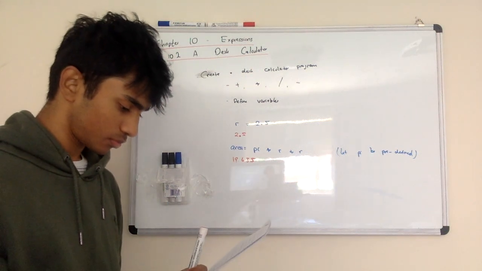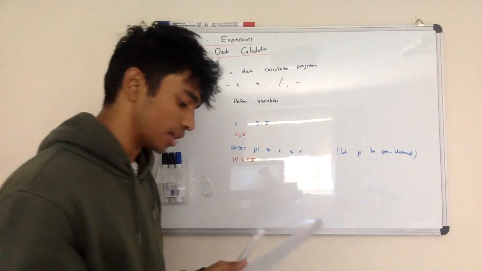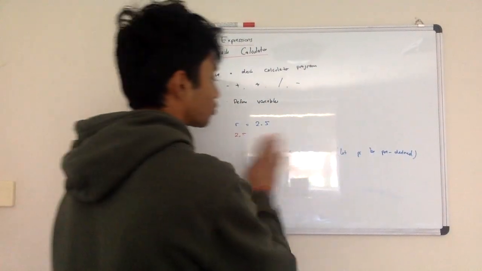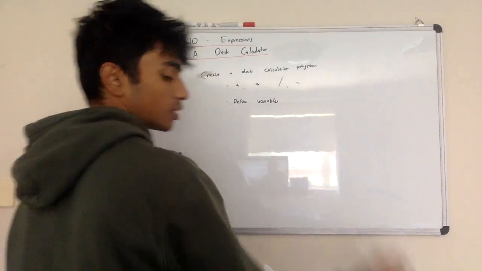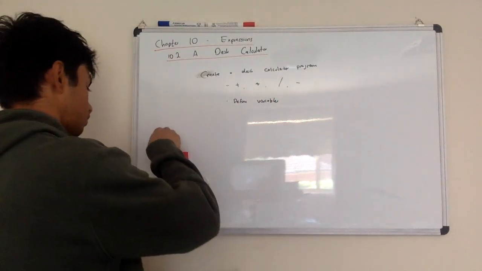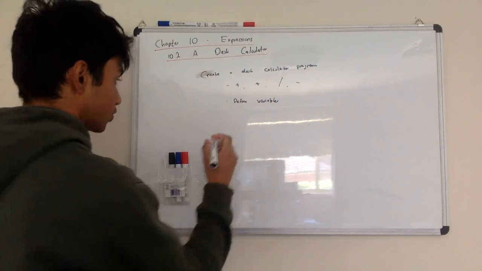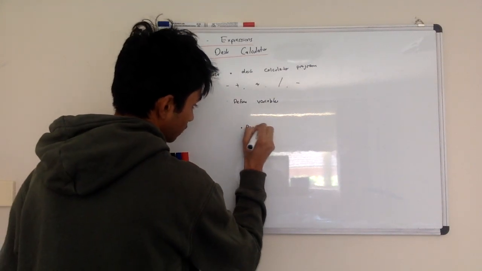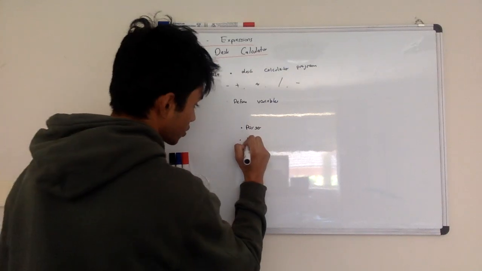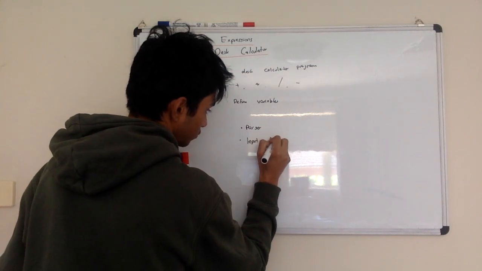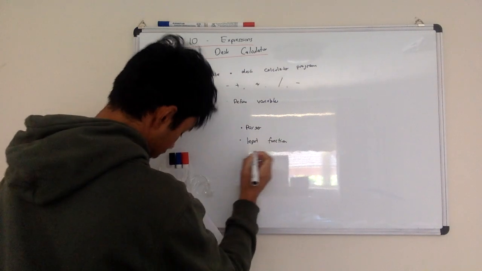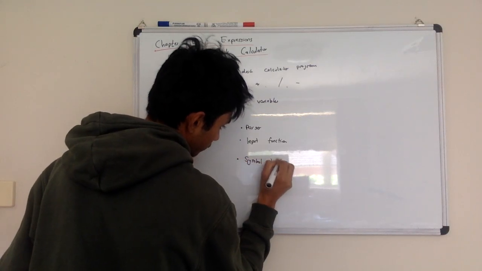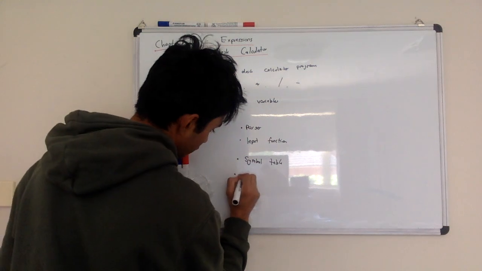So the calculator will consist of four parts: primarily the parser, the input function, the symbol table, and the driver.